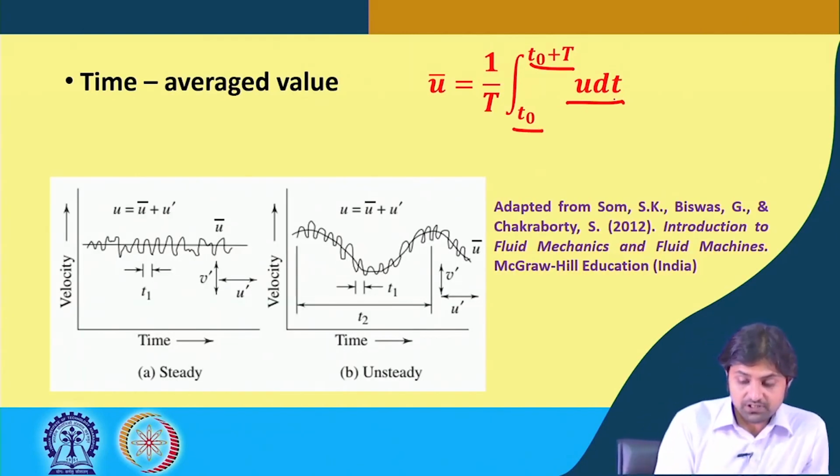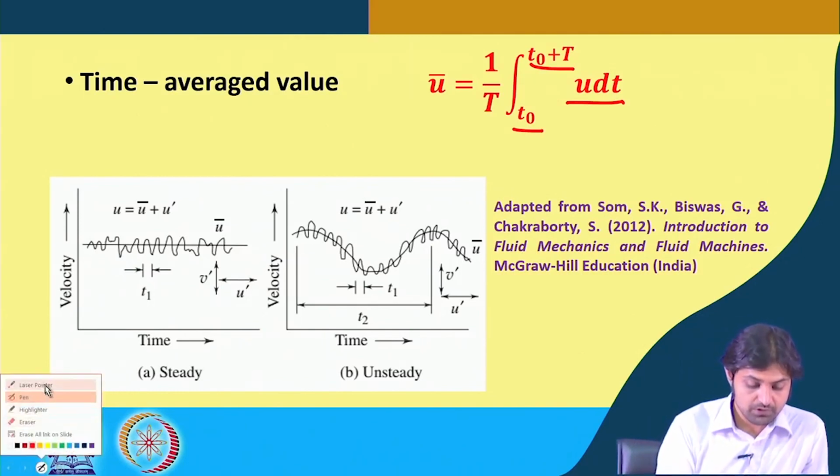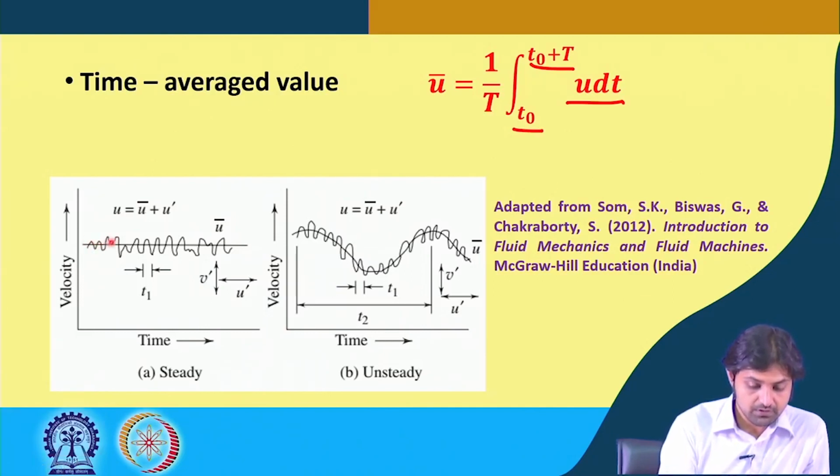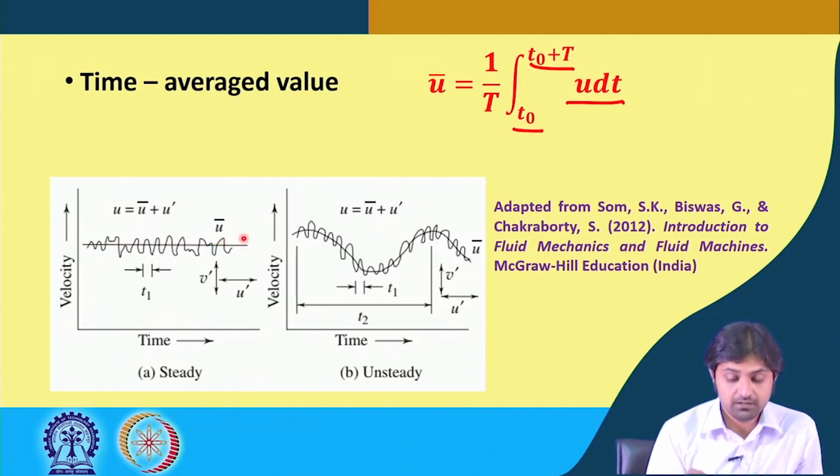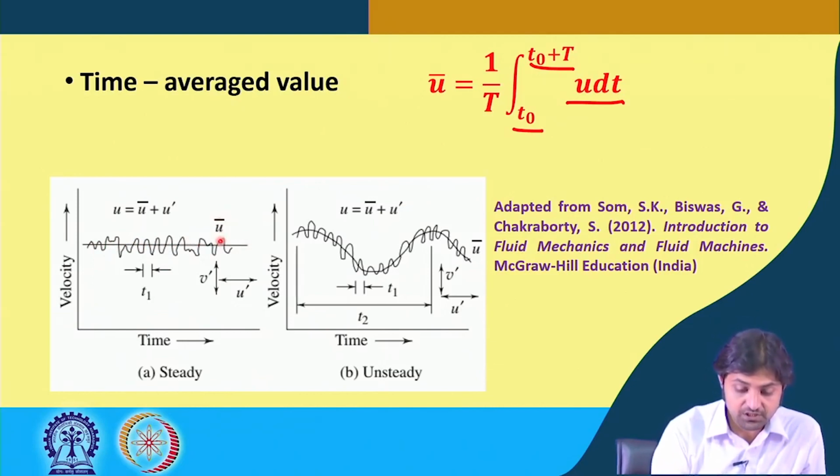Suppose this is a turbulent flow, this one here. I am going to use the laser pointer. So this is turbulent, like this, and by calculation, if this straight line here is u bar, then the deviation at any point is called the fluctuation.